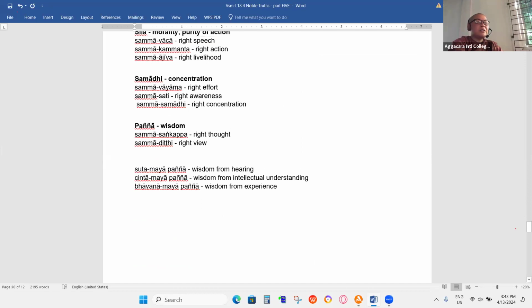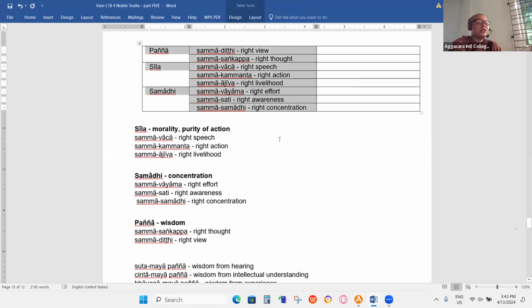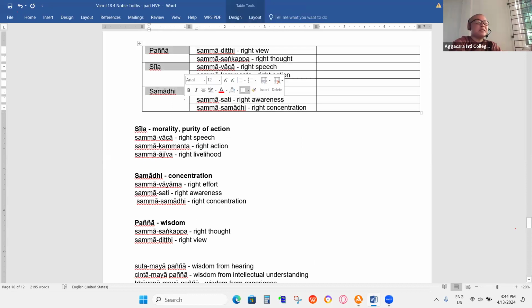I was thinking that maybe before going deep into the jhana topic, we consider everything in a general way, before we go back to right concentration. Panna, sila, samadhi, all right? Look at the sequence according to the Noble Eightfold Path: right view and right thought are panna; right speech, action and livelihood are called sila, morality; right effort, right mindfulness and right concentration are called samadhi.